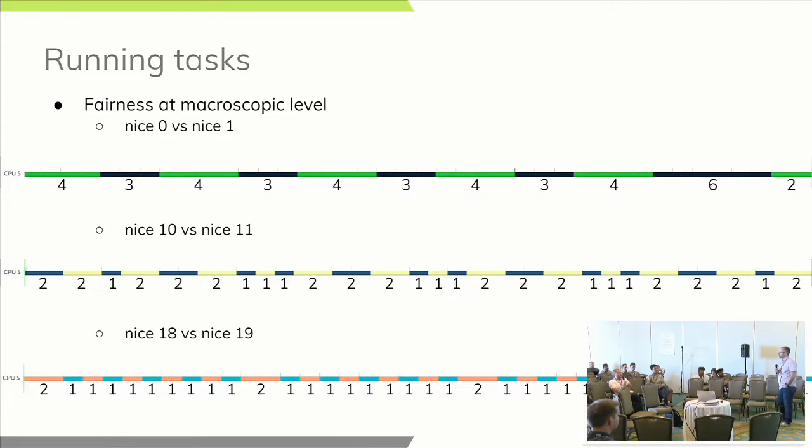Yes, but you will have less time compared to the other. So the point is that if you put this nice 18 with the nice 0, you will have, I'm not sure I'm doing the right computation, but probably only 10% of running time because you're nice to the other task. And what happens, in fact, is mainly because in the scheduler we are updating the vruntime, and we have a function to know if we should preempt the current running task to schedule another task.